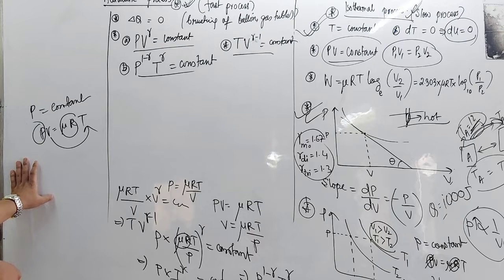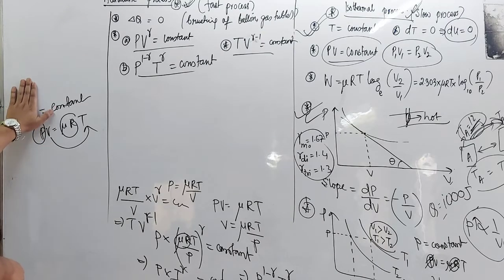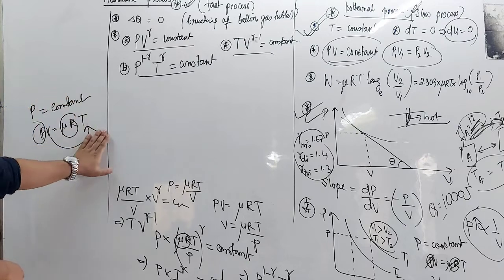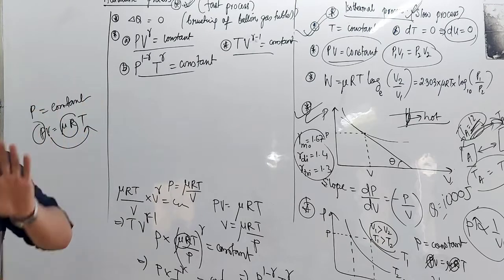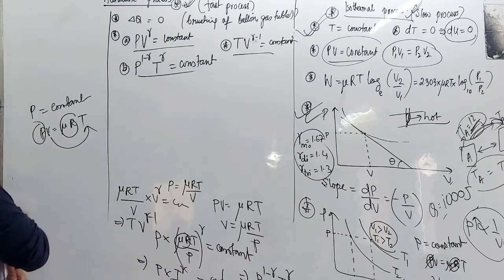For an ideal gas, one parameter remains constant; the three basics are pressure, volume and temperature. If pressure is constant, then it is an isobaric process, and for the isobaric process the variables will be volume and temperature.